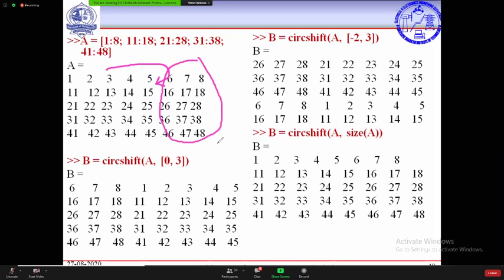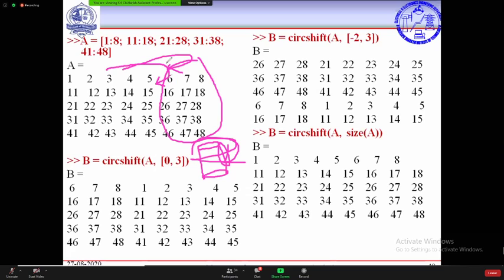Means if you take it like a circle, like a cone or a cylinder, the last elements go this way, clockwise, it is rotating in this direction. The last values have to come to the front, so when we are shifting circularly, it is nothing but 6 7 8 coming into the starting.